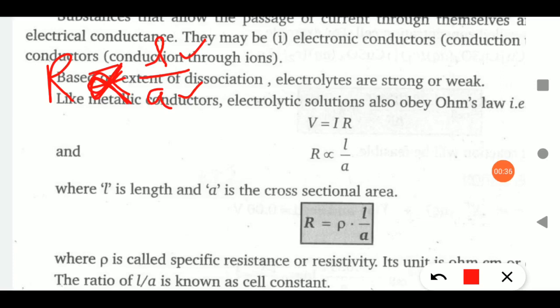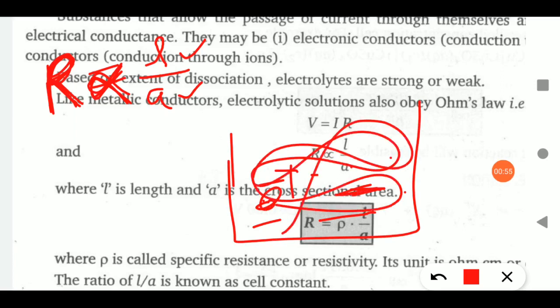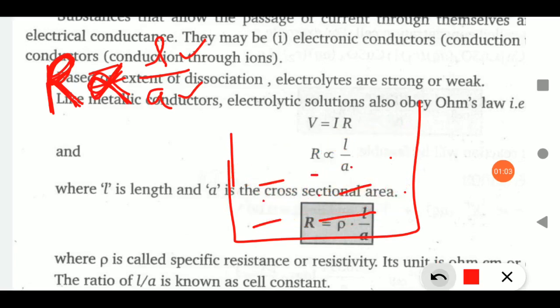Similarly, here we are not studying the resistance of a wire; we are studying the resistance or conductance of a solution in which ions, plus or minus, are moving. The movement of these ions represents the conductance and resistance.